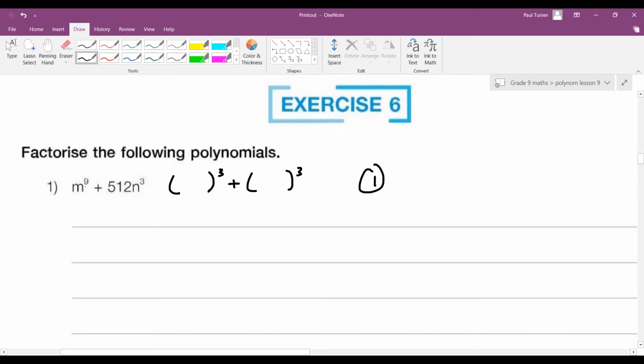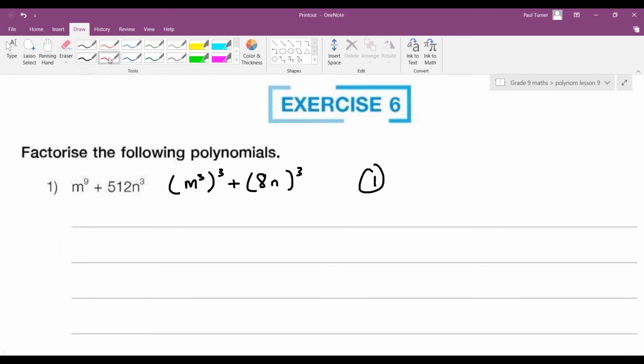And m9, well, if this is 3, it must be m3 inside. 3 times 3 is 9, okay? 512, what's that? 512, 8. Checking my answer key. 8, n cubed, 8 cubed, 512. So now it's written in terms of cubes.